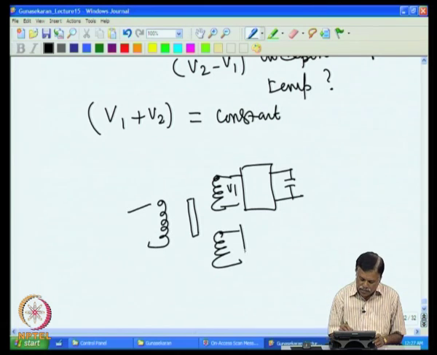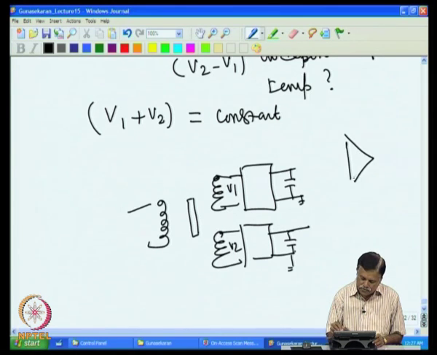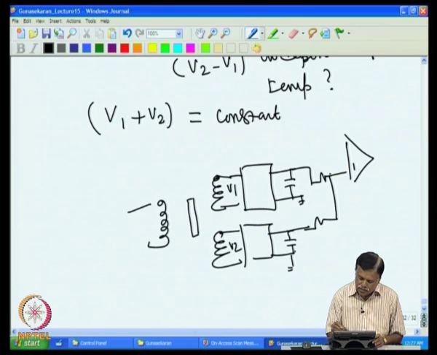Similarly, I rectify this V2, and then I again get a DC voltage. Now, I take these two voltages and add them. For example, I can add these two voltages here. Then I compare the sum with the reference here.